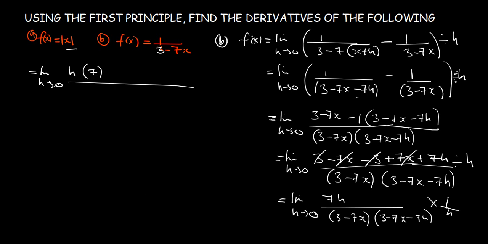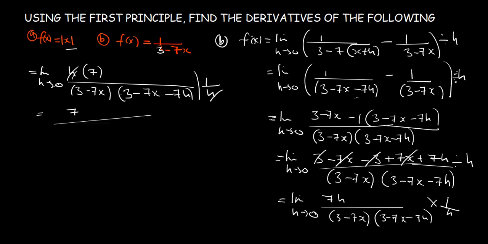All right, then I have 3 minus 7x, then open bracket, 3 minus 7x, then minus 7h, then it's dividing by h, so I'll just do the reciprocal, so that will be 1 over h. All right, so now we can see this h and that h goes. So we remain the 7 on top there. All right, and the moment I've remained the 7 on top there, so that's 7, right?